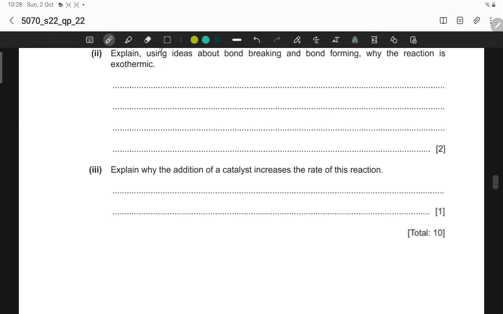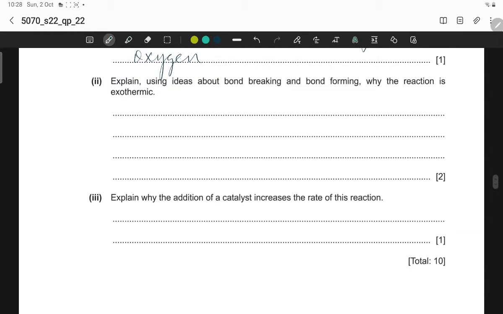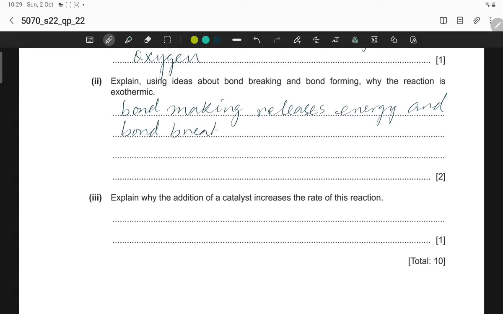Explain using idea about bond breaking and bond forming why the reaction is exothermic. Bond making releases energy and bond breaking absorbs energy.